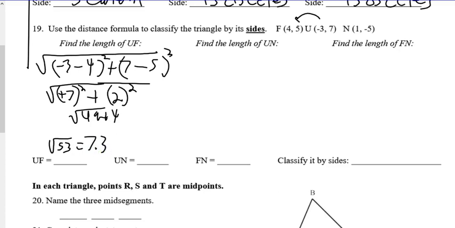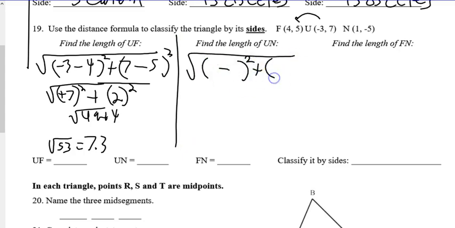Now we're going to do it for UN. Again, just draw this. Now fill in your numbers. UN. So we're using these two. So I'm going to go -3 minus 1, x minus x, and then for my y, 7 minus -5. Notice I have a double negative there. So that gives me -3 minus 1 is -4 squared.